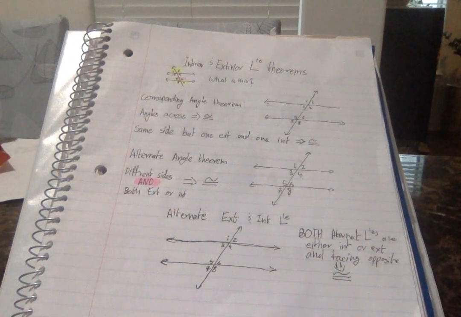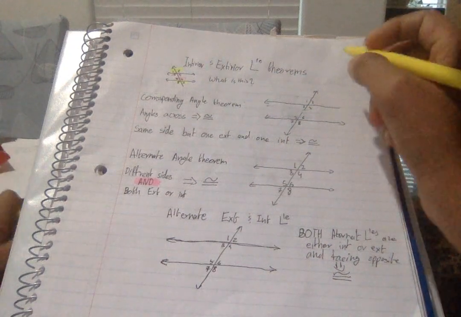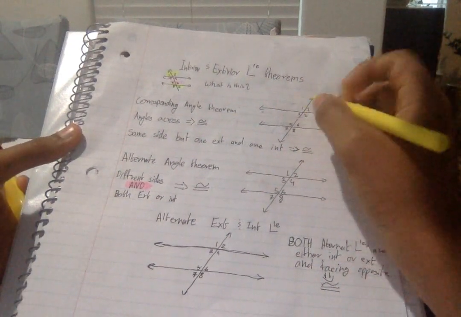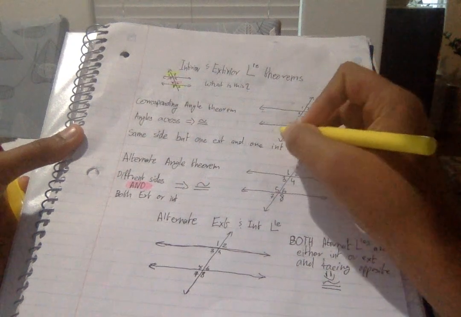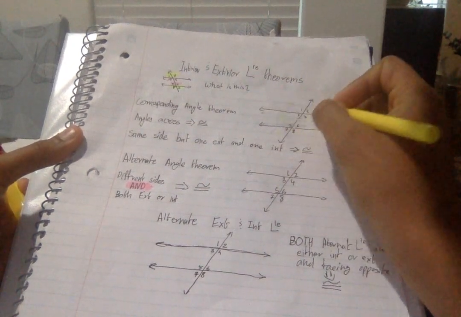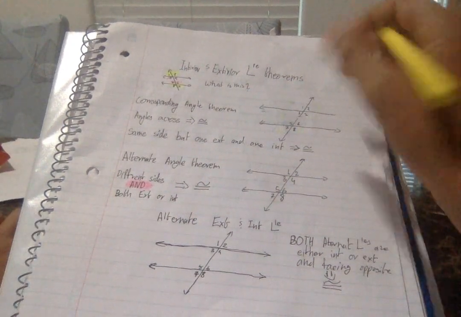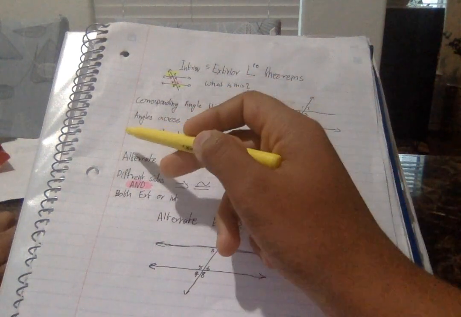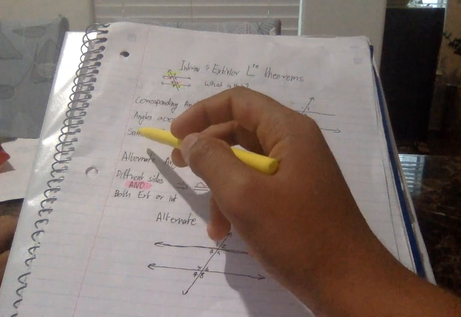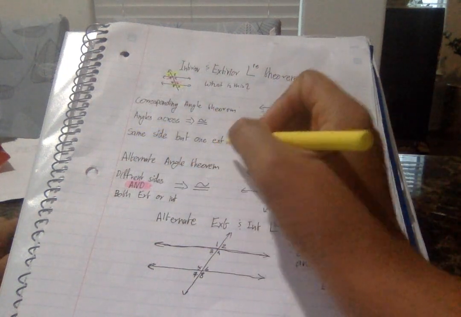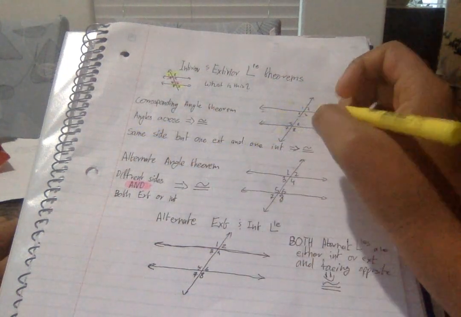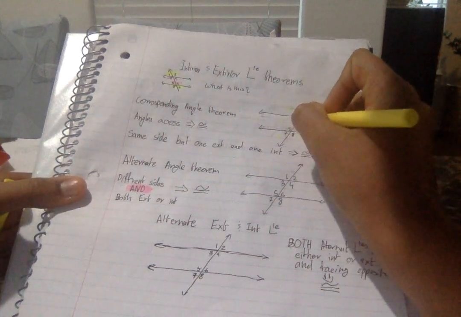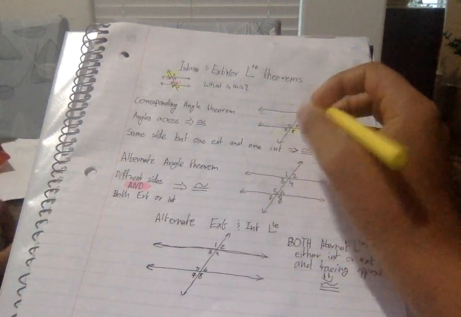What that's saying is if they are flipped over this or that, they are going to be congruent. But this only applies if they're on the same side and one is exterior and one is interior. So that would imply 4 and 8.